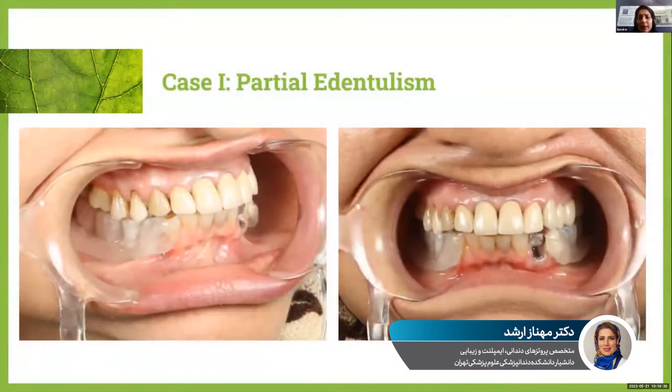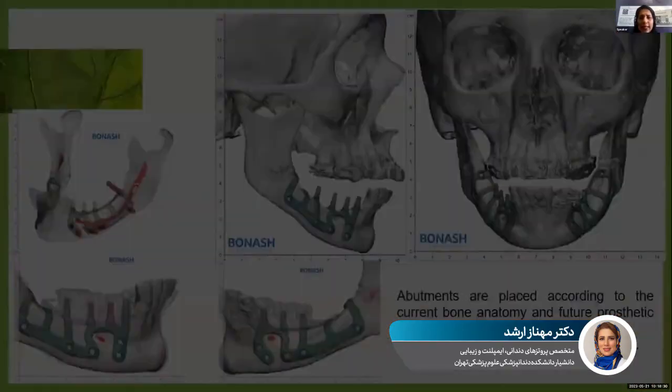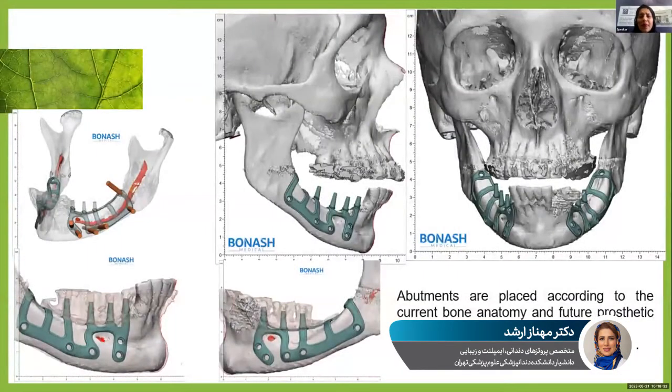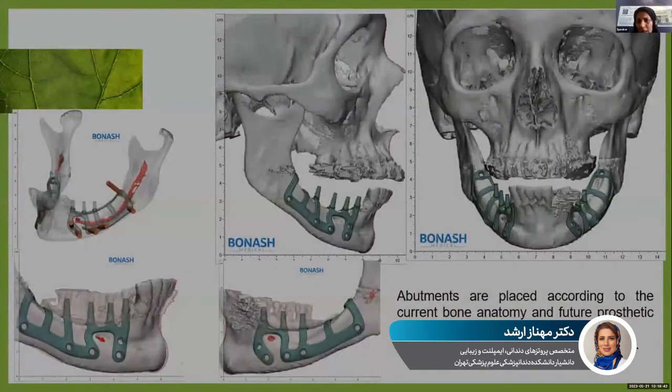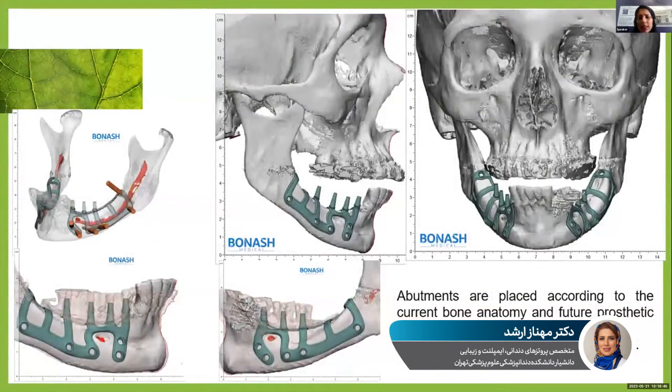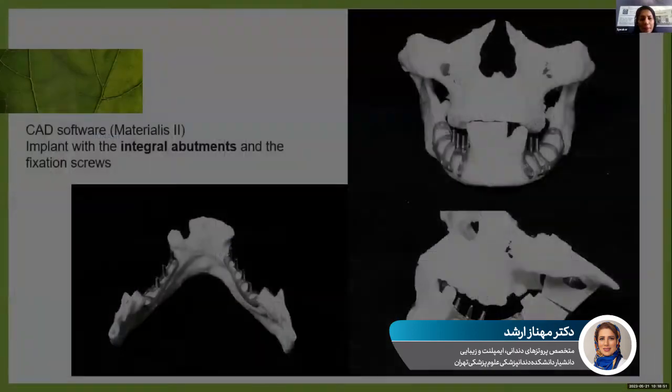We made a special surgical stent and took a 3D CT. So we designed the subperiostal implants for her, as you see. And for subperiostal implants, at least you need 0.8 millimeter of cortical bone, so we can do it for many patients.